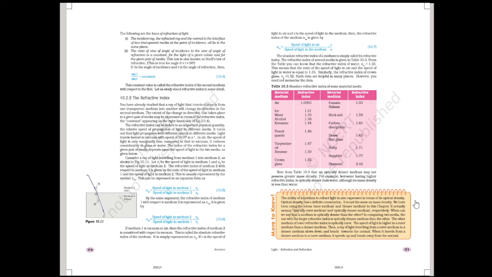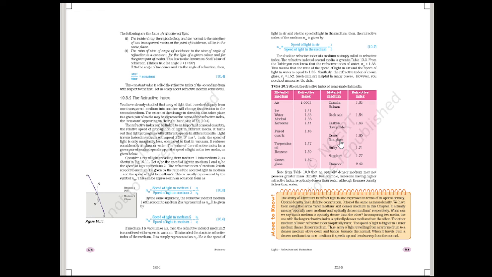Now the absolute refractive index of some materials has been given in table 10.3: air, ice, water, alcohol, kerosene, fused quartz, turpentine oil, benzene, crown glass, Canada balsam, rock salt, carbon disulfide, dense flint glass, ruby, sapphire and diamond.